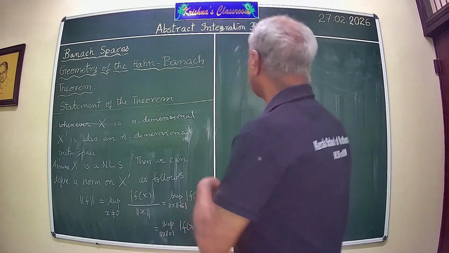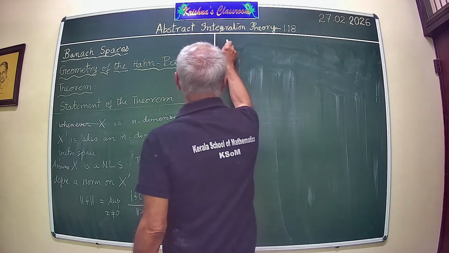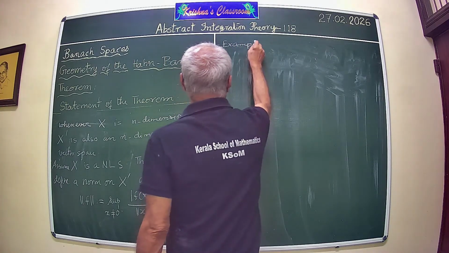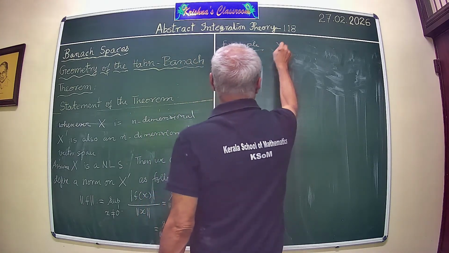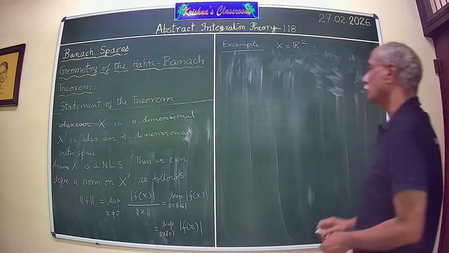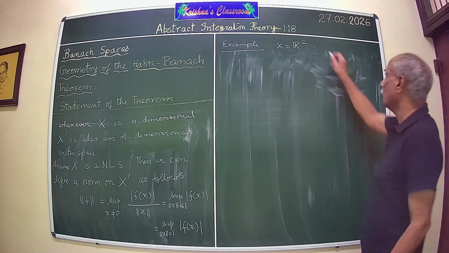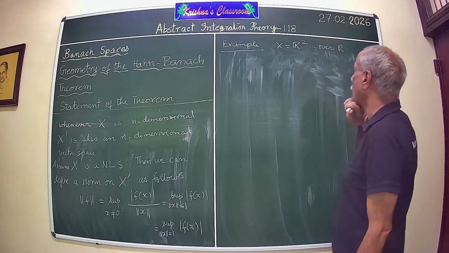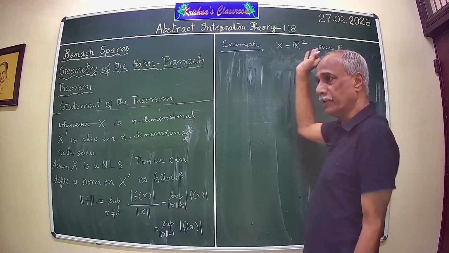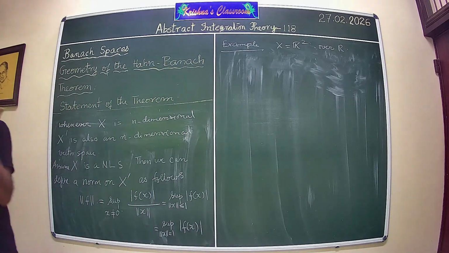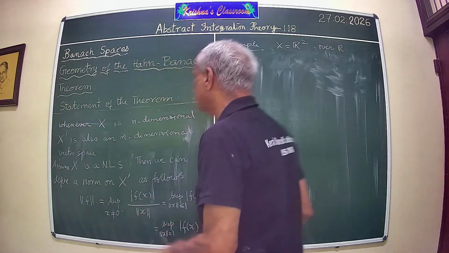So again, we return to the example, and over R. Now, there are several ways in which you can set a norm on R2. So we will take one of them.